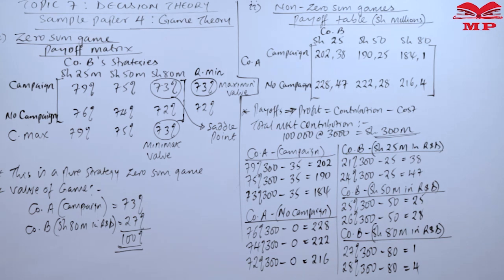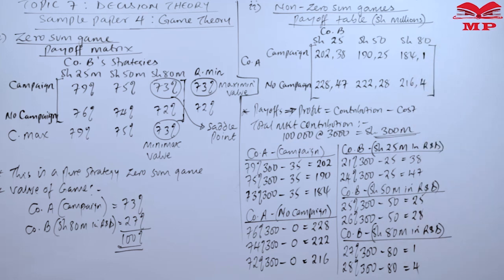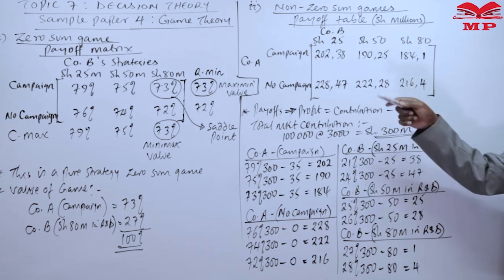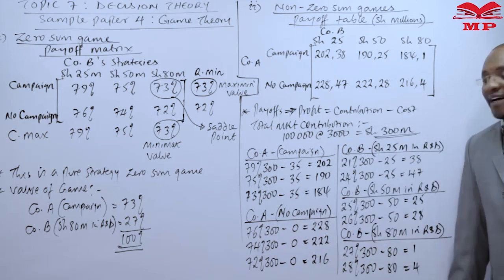Now, having recorded all the possible profits that we may make depending on the investment, either the campaign or no campaign, and the investment company B will make, we can make a conclusion that it will not be possible for us to select haphazardly, because remember, it's a constant sum game.